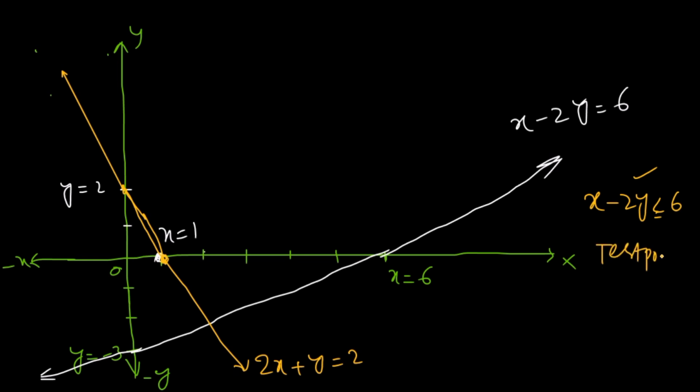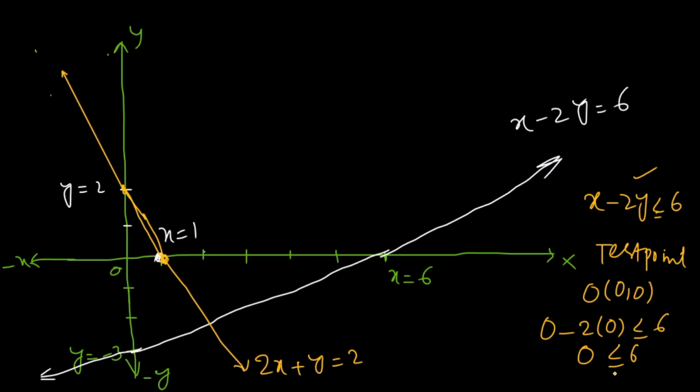You can take any point other than 0, 0, but the origin is convenient for us. So by putting x is equal to 0 and y is equal to 0 in the given inequality on the left side, this will become 0 less than or equal to 6.